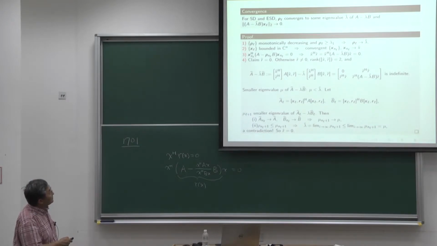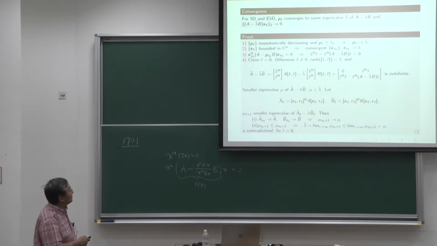Then later we're going to project, using the matrix A minus lambda B, by the approximation sequence XL RL. So this gives you a sequence of 2 by 2 matrix pencils, and using mu L plus 1 to be the smaller eigenvalue of that pencil, we look at 2 points.